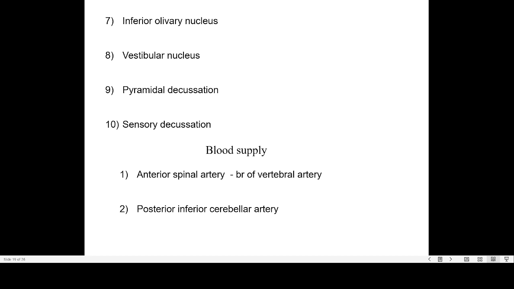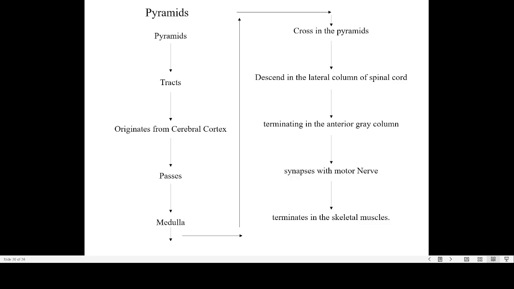These are the important centers to remember. The blood supply is by the anterior spinal artery, a branch of the vertebral artery, and the posterior inferior cerebellar artery.